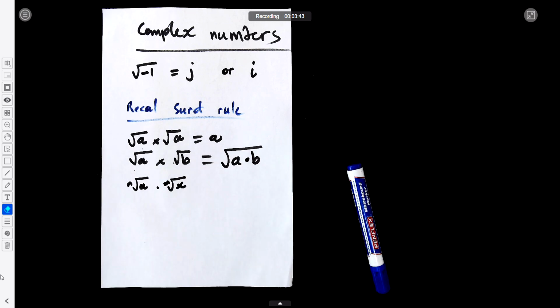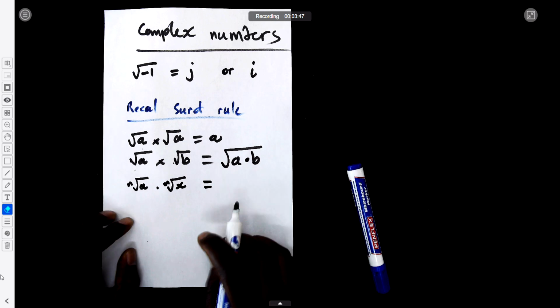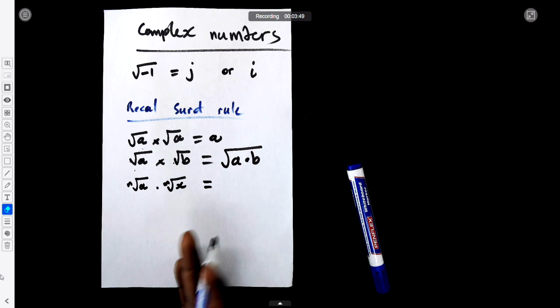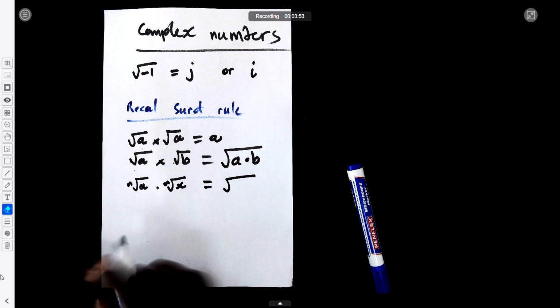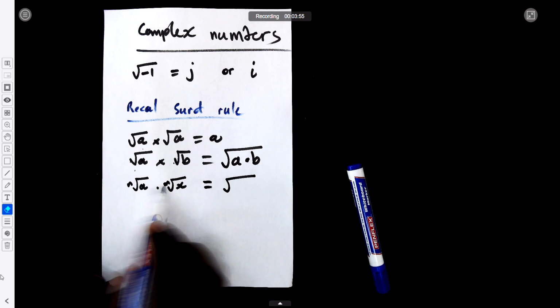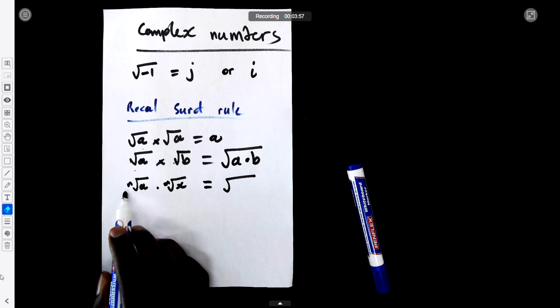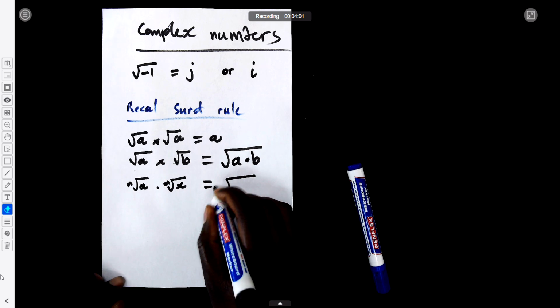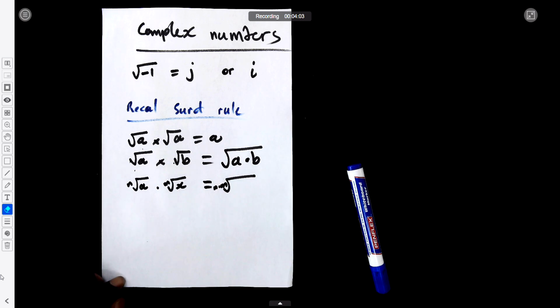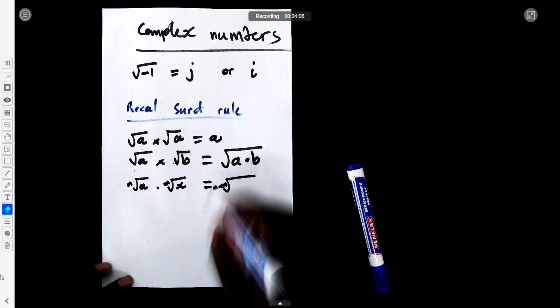This is just a bonus that you need to recall. The rule states that if the roots are not the same and the factors inside the roots are not the same, you need to multiply the root numbers. So I'm going to say n times m.